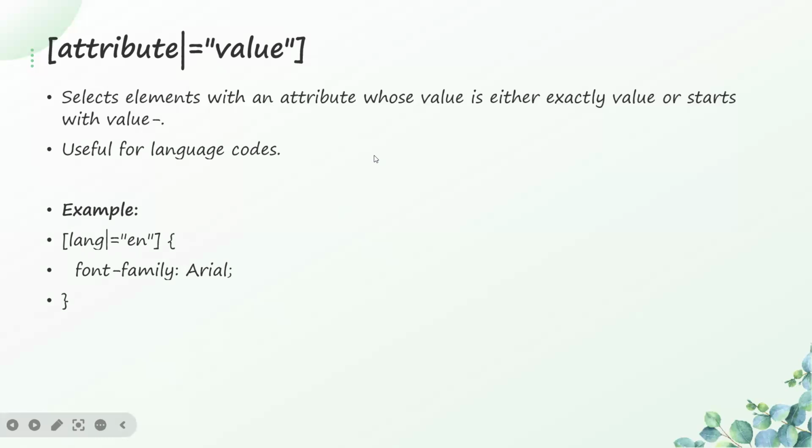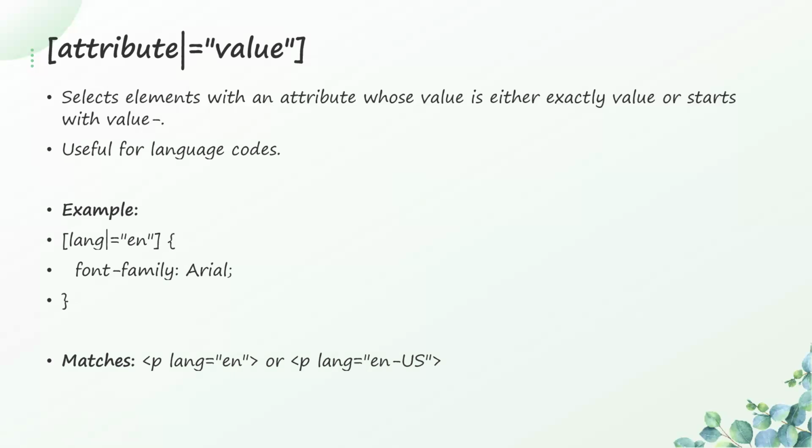If you want to target attributes that start with or have the same exact value, you will use this one. If you want to target attributes that have space separated values, you can use the other one we just talked about before this one.